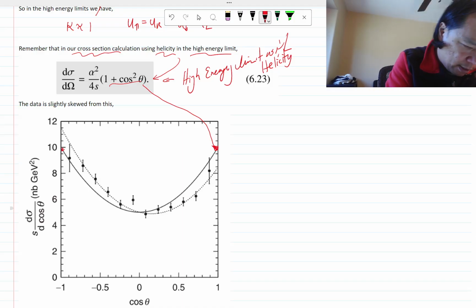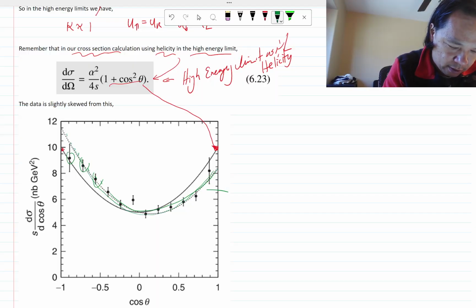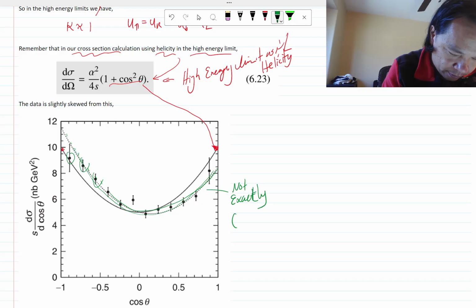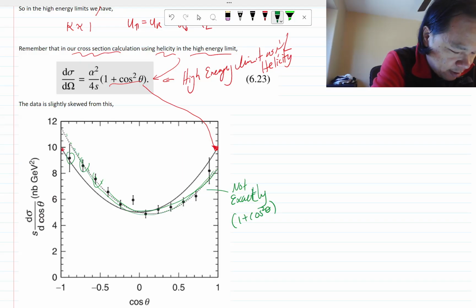Okay. The best fit of the data, let's do that in green. So if you look at these data points and you try to fit a line through it, it's not exactly 1 plus cosine square theta. Okay.